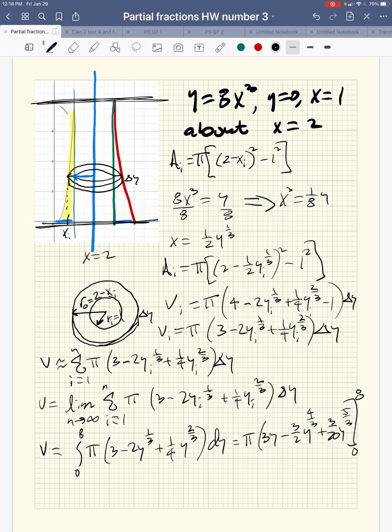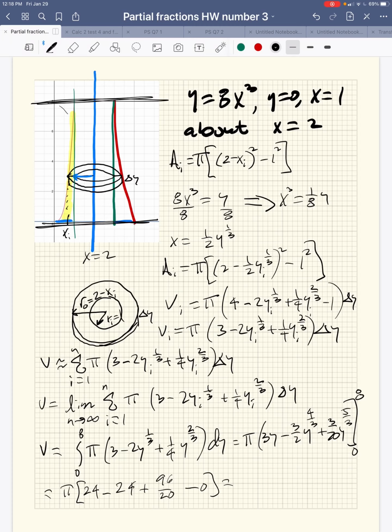And then plugging those values in, we should wind up with pi times 24 minus 24 plus 96 over 20 and then minus 0.